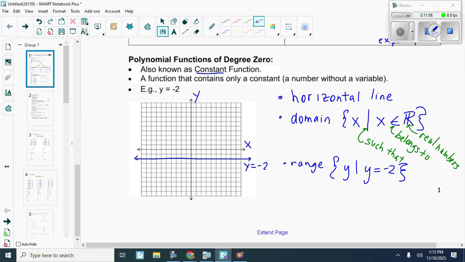Are there any x-intercepts? An x-intercept is where your line crosses the x-axis. No, not in this case. Not a single one.